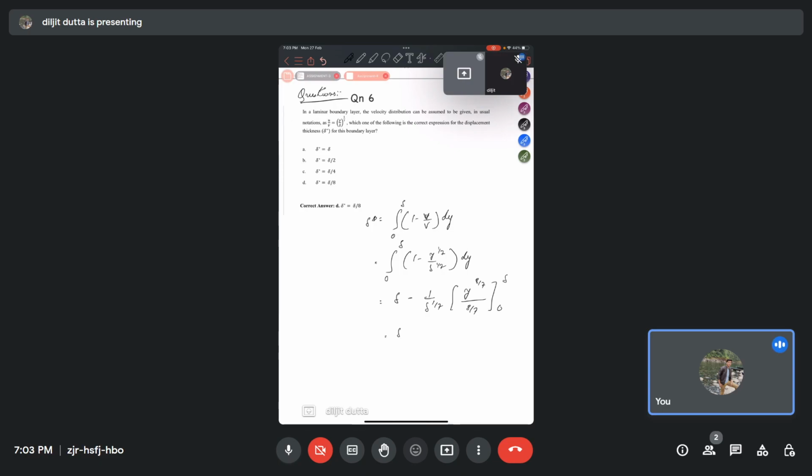So delta minus delta to the power 8 by 7 minus 1 by 7 equals delta minus 7 by 8 delta, which is delta by 8.